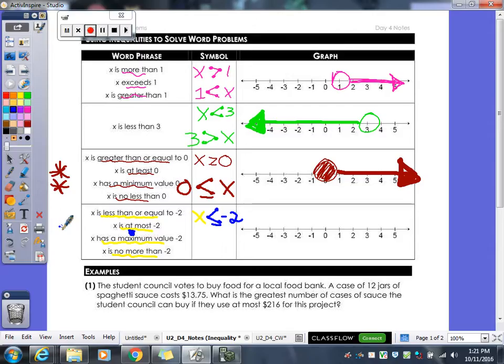If I said at most 2 kids can go to the school store at once, what does that mean? 2 or less. If you want to take a third person, can they go? No. At most means 2 or 1 or 0. At most, less than or equal to.